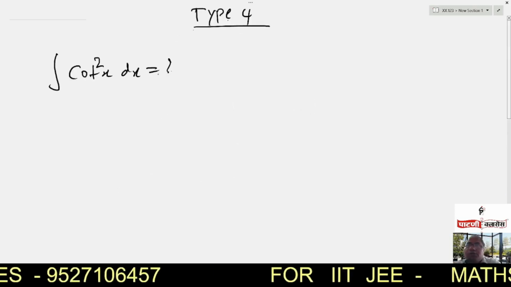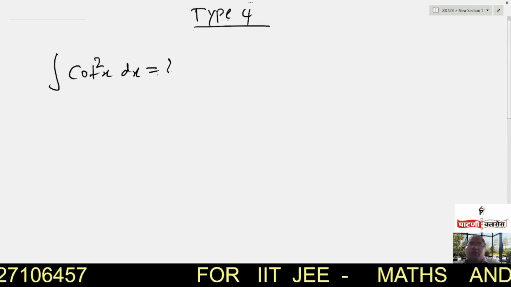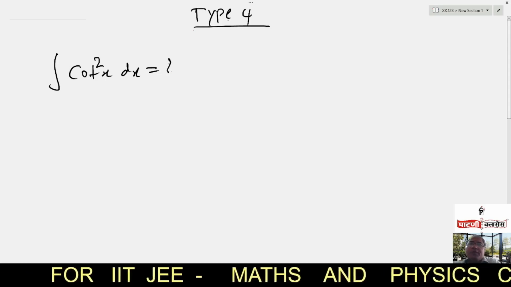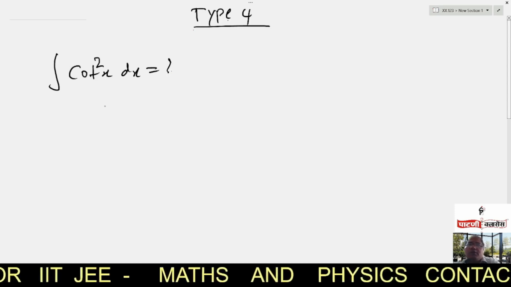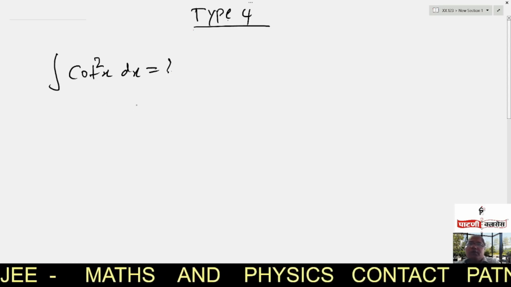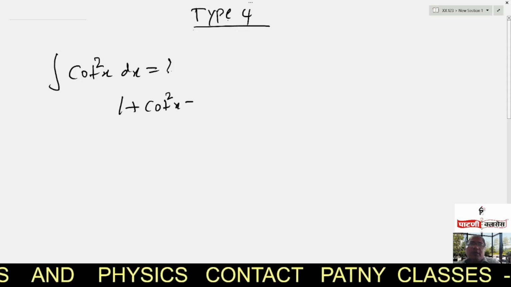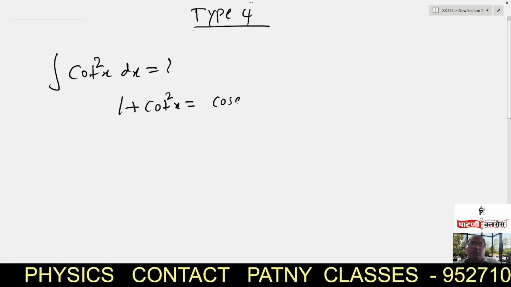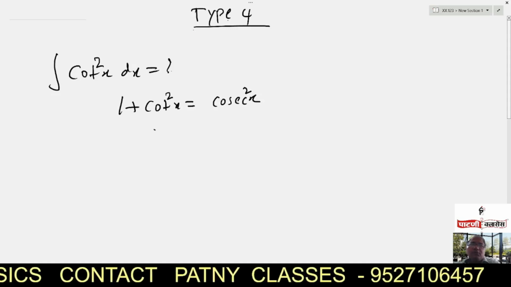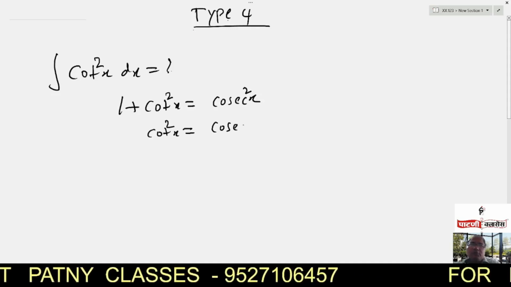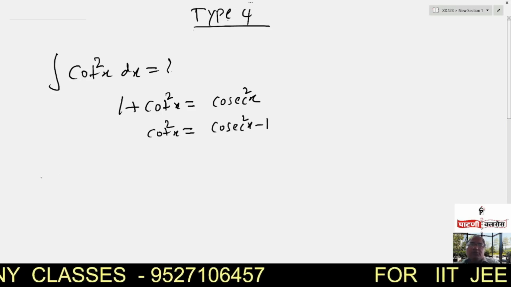Now integration of cot square x with respect to x equals how much? Here also there is no direct formula. We require trigonometrical conversion. We already know that 1 plus cot square x equals cosec square x. Therefore, cot square x equals cosec square x minus 1.